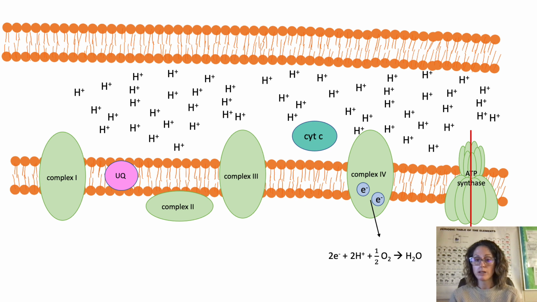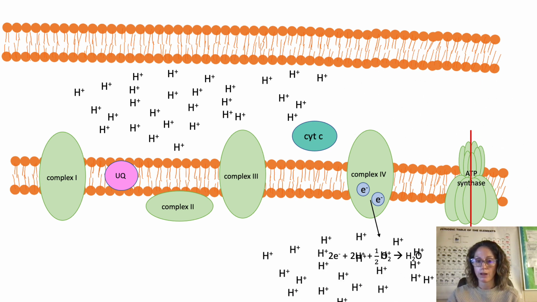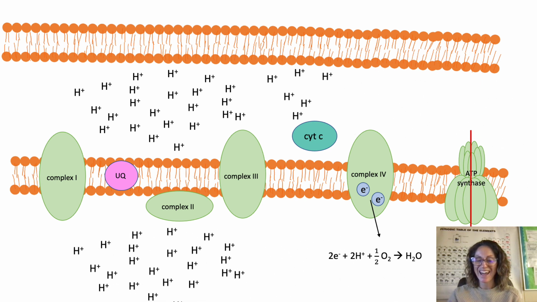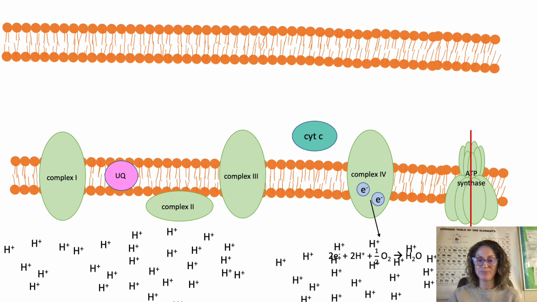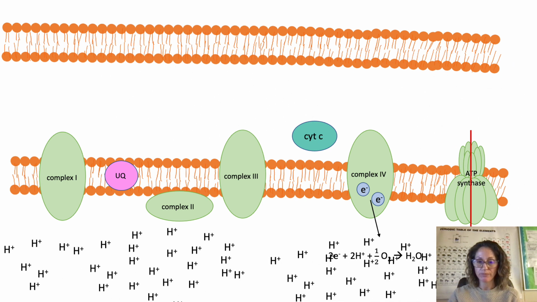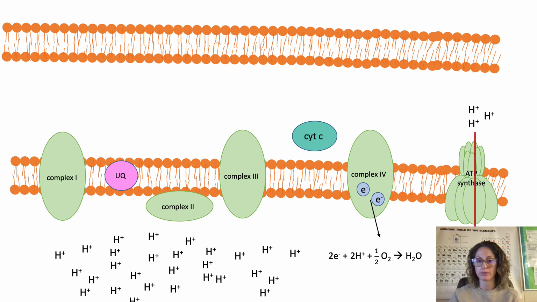So the hydrogen ions are going to flow along their concentration gradient through ATP synthase and end up back on the matrix side. As hydrogen ions pass through the ATP synthase, we see the production of ATP. So how is this done?